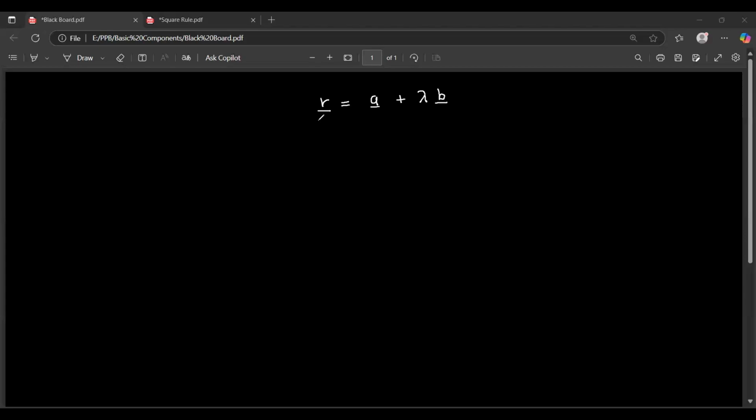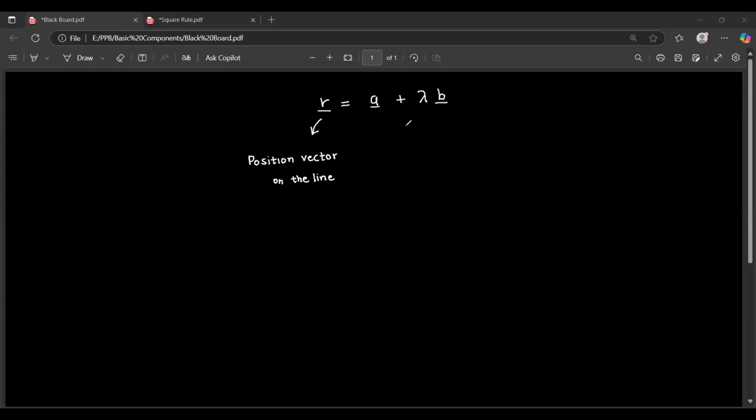So here r represents any position vector on the line. It can be any point on the line.